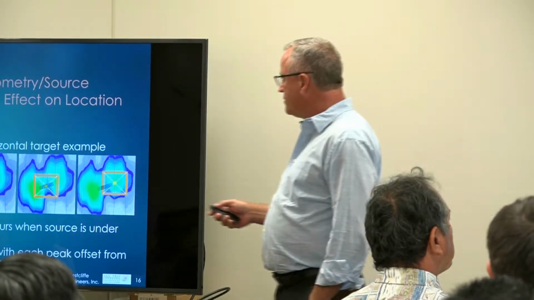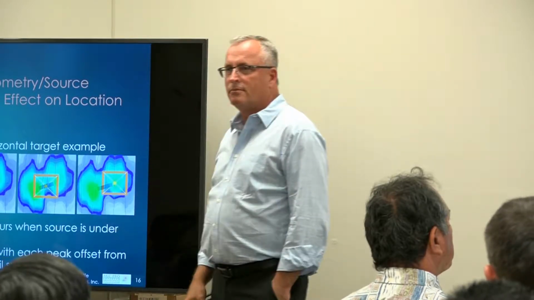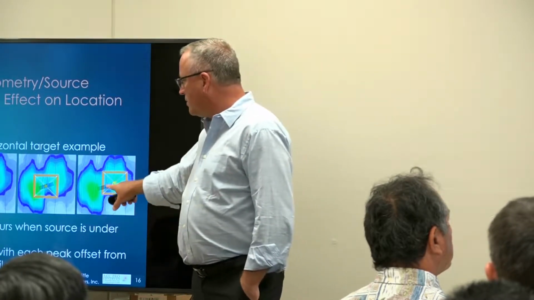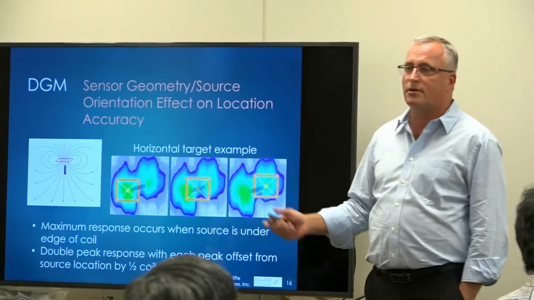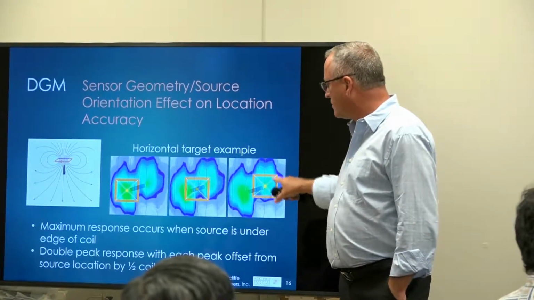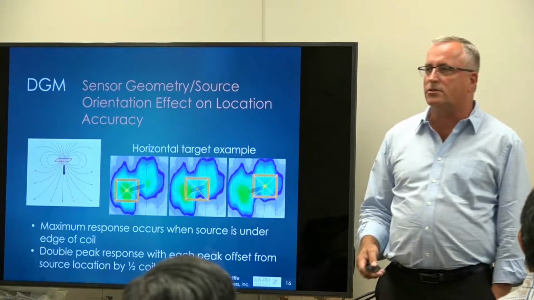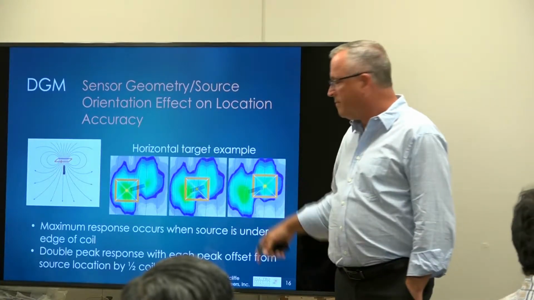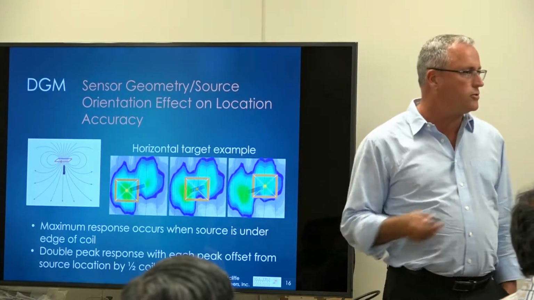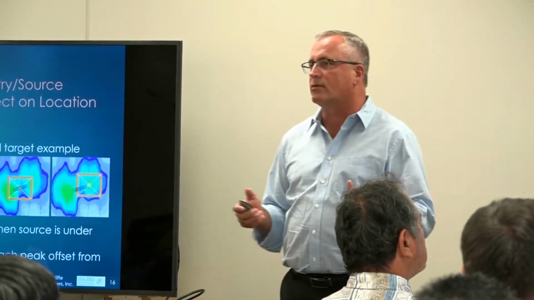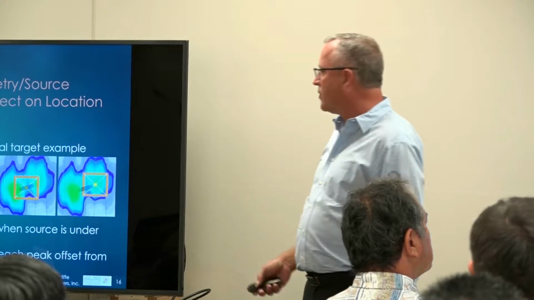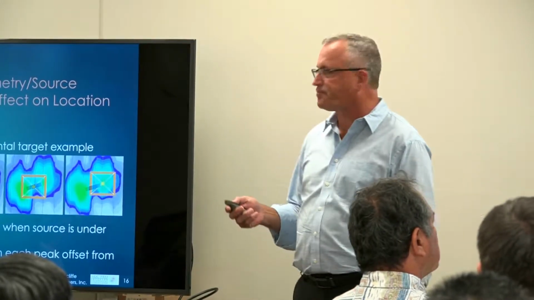And when you go back to dig them, if your dig radius is big enough you'll find it, but if it's not, you'll miss it. So you have to make sure your dig radius is large enough to account for that error. If you go back to cue the sensor, and I'll show later, go back to cue the target, again, you can miss targets if you don't account for this problem properly.